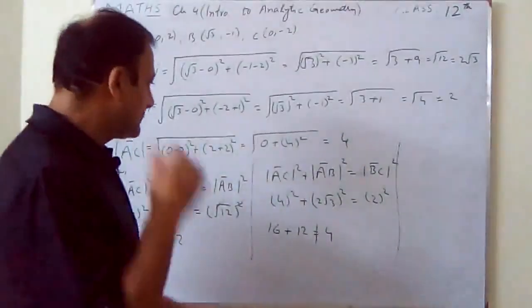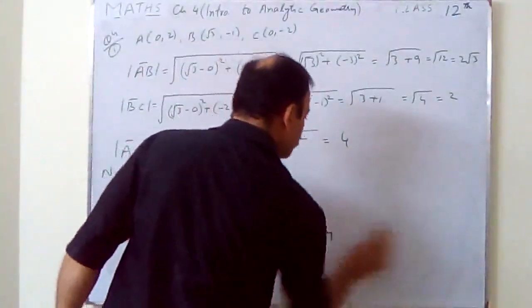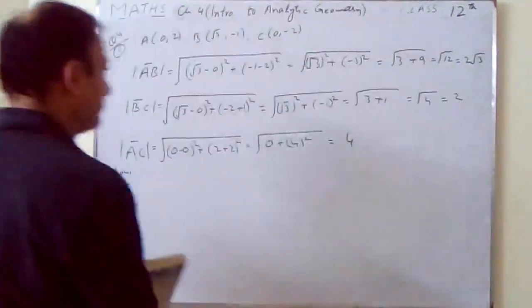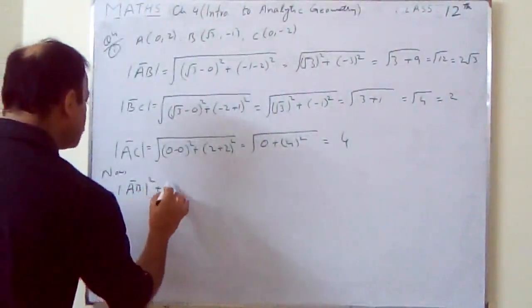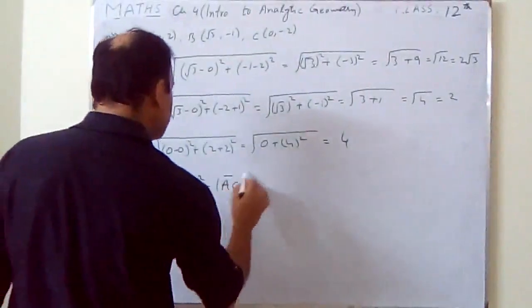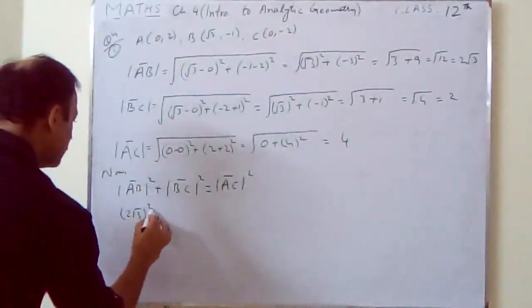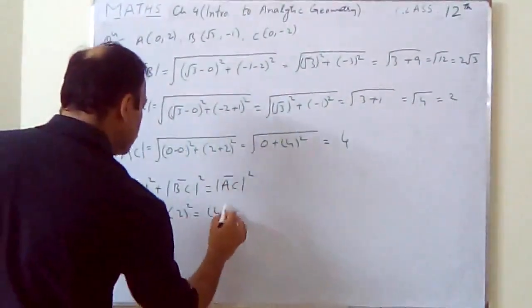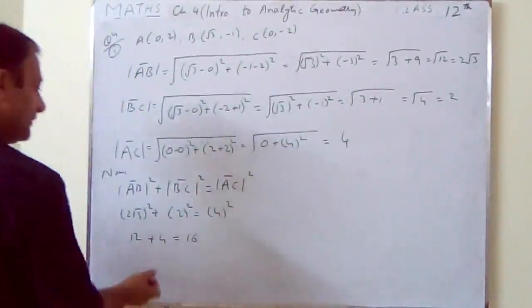Now the third option is that AB² + BC² is equal to AC². So here (2√3)² is 12, BC is 2, so 4, and 12 + 4 is equal to 16.